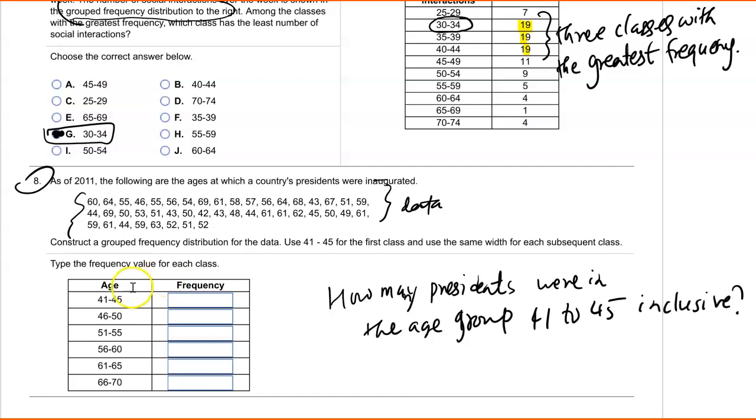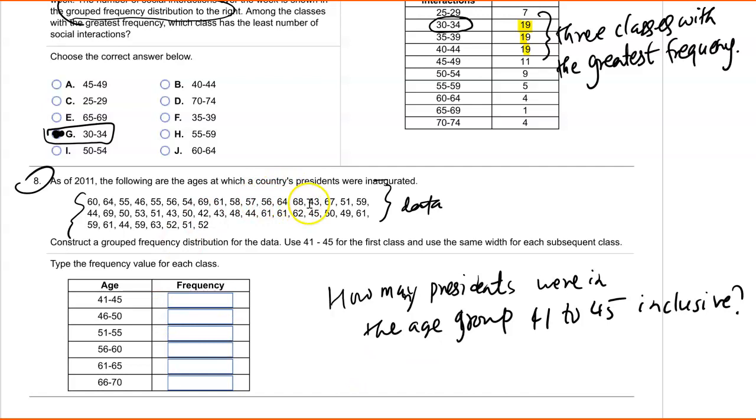That means you're looking for the numbers between 41 to 45 inclusive and count how many there are. For example, let's count the first one, 41 to 45. Let's put a circle here.